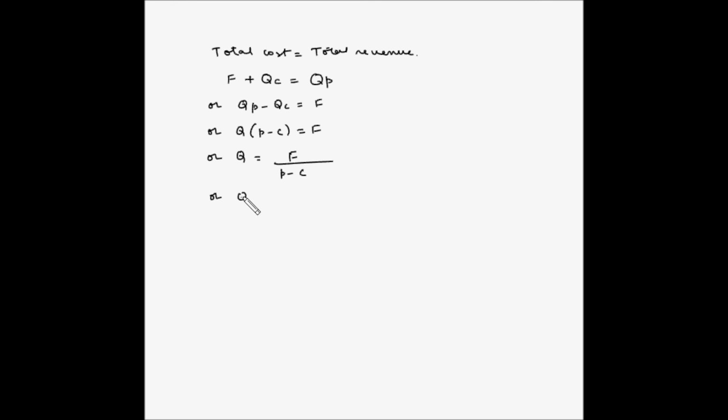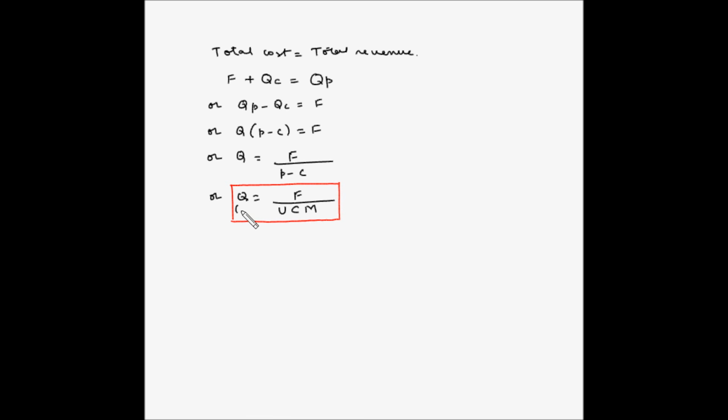So we can write Q is equal to F divided by unit contribution margin. This is the formula for the break-even point in terms of the contribution margin.